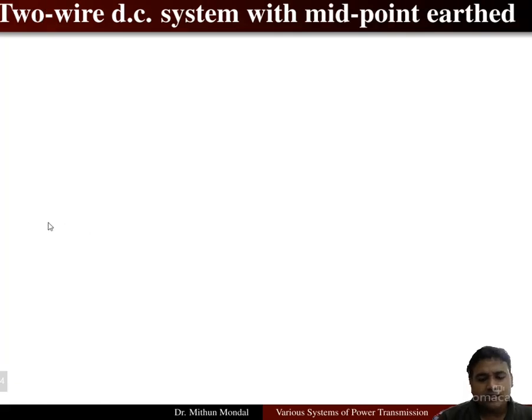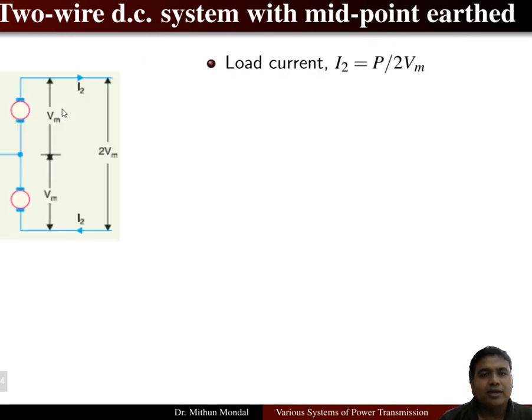Now let us come to the second case. What is the second case? The second case is the two-wire DC system with midpoint earthed. That is the difference. Earlier in the first case we used the two-wire DC system with one conductor earthed. Here we will be using midpoint earthed. So let us see how the midpoint earthed looks.